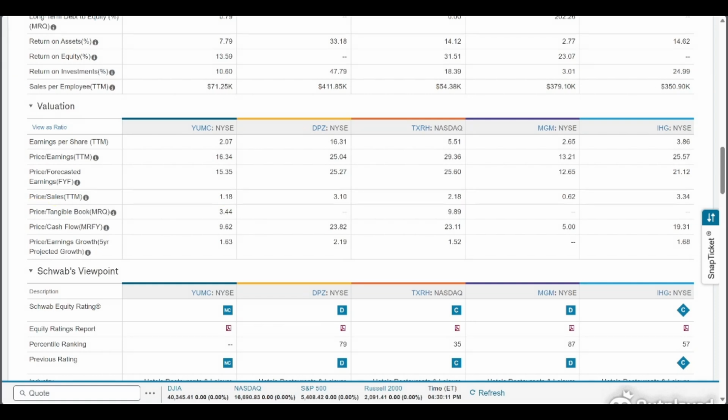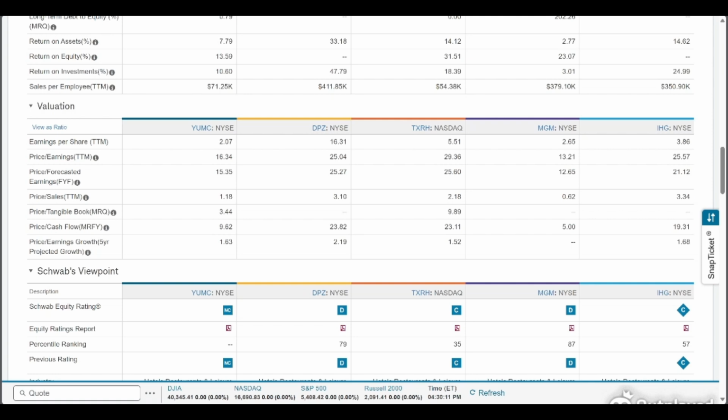If we remember from what we talked about, price to sales is a measurement of how much investors are willing to pay for each dollar of a company's revenue. A price to sales below 1 might suggest that a stock is undervalued. As we can see, this is well below most of its competitors, so this is a good sign. Then we have price to cash flow listed next.